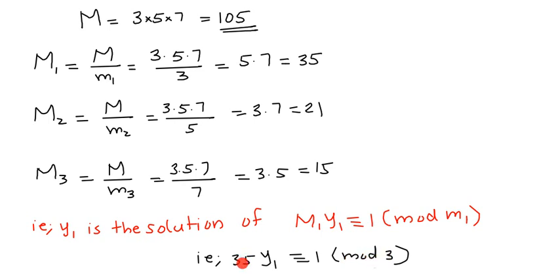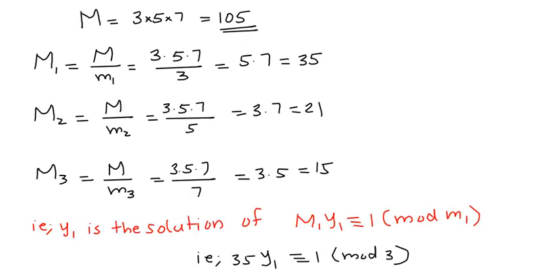What is the least residue of 35 modulo 3? It is the remainder when 35 is divided by 3, which is 2.